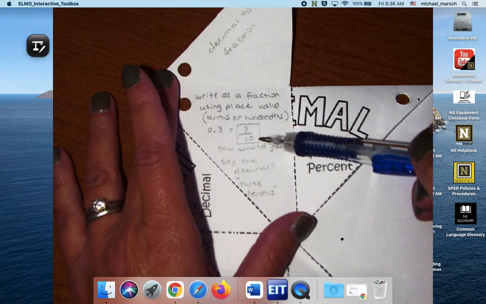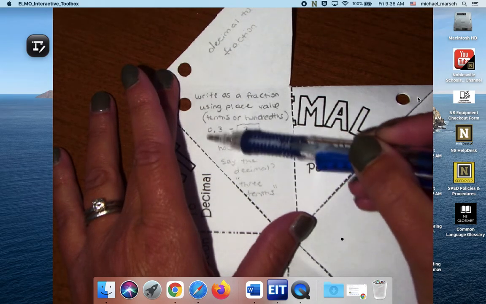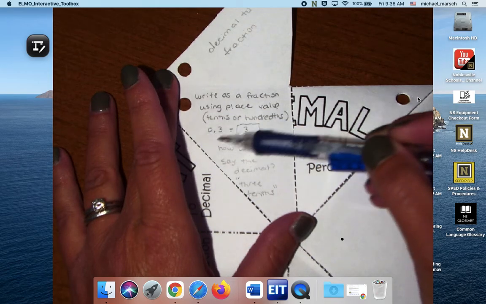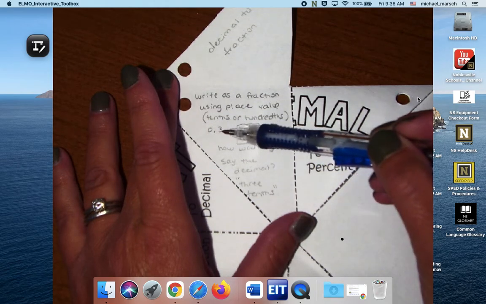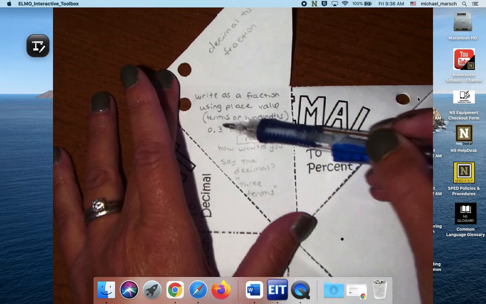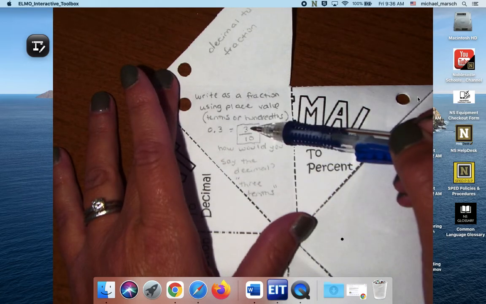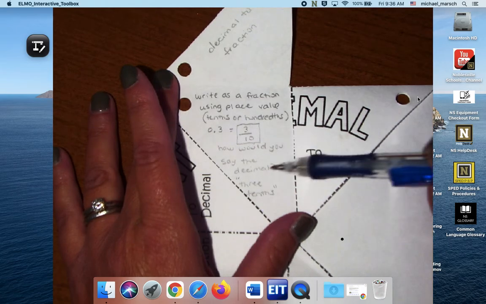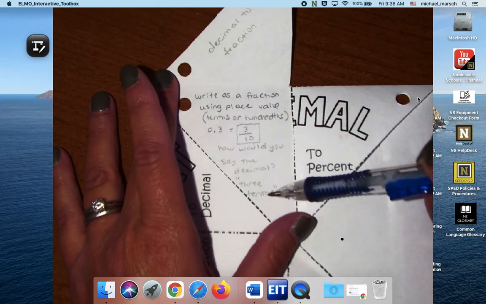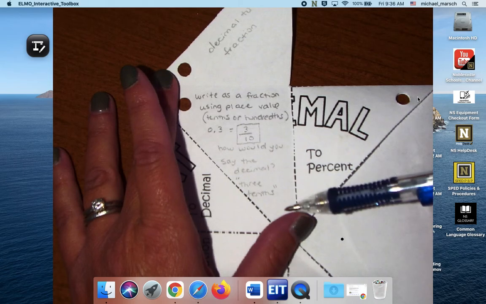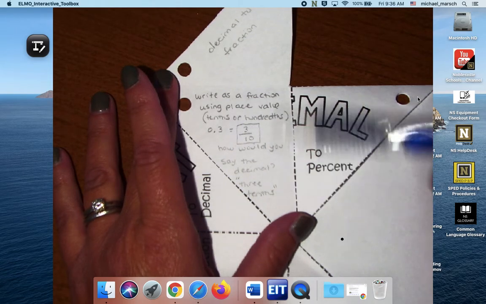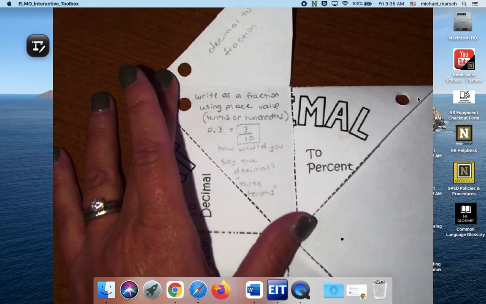One of the tricks I always tell students is, how would you say this? If you were to say this value out loud, you would say 3/10. You wouldn't say 0.3. You would say 3/10 because that's the value. And that's how you would write it, 3/10. Okay, so remind yourself, how would you say the decimal? 3/10. So go ahead and copy that down, pause your video.